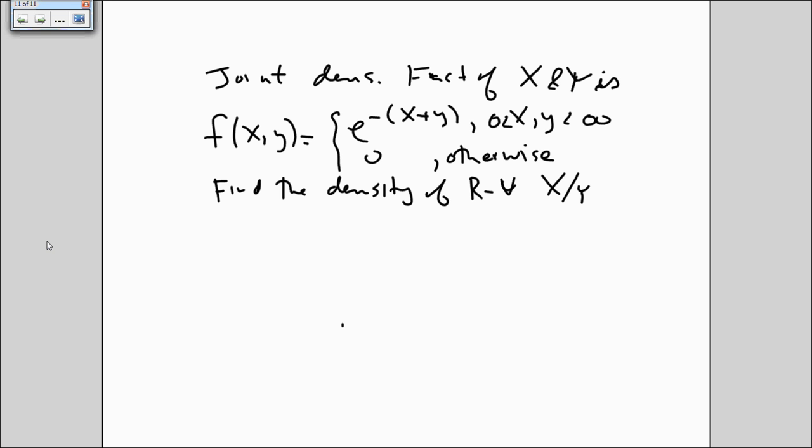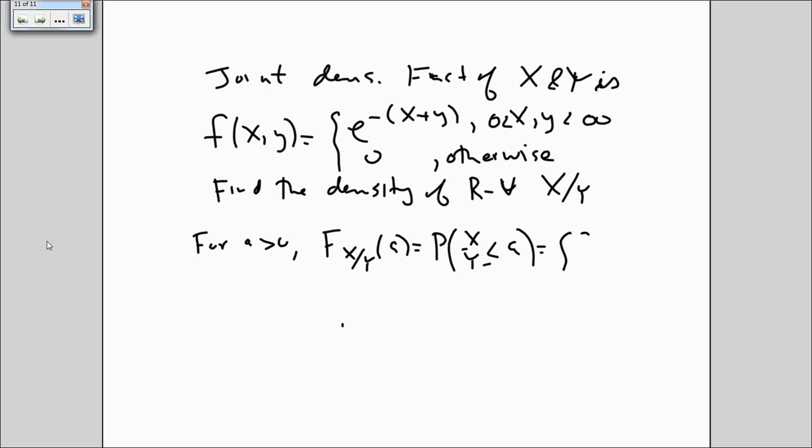Okay. So, if a is bigger than 0, then f of x slash y of a is the probability that x over y is less than, actually less than or equal to a.